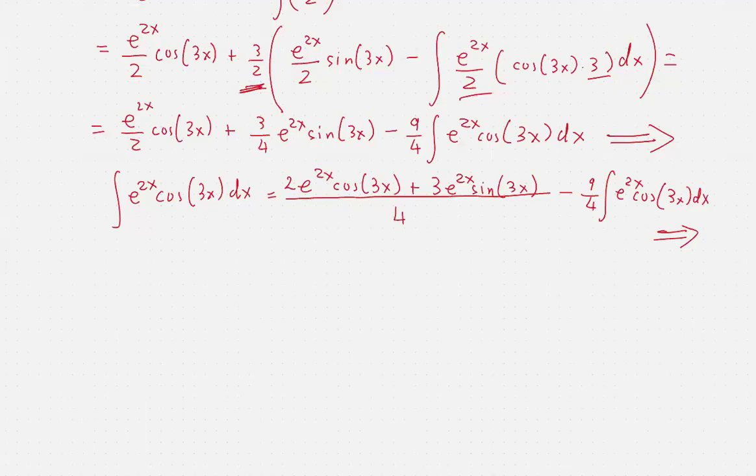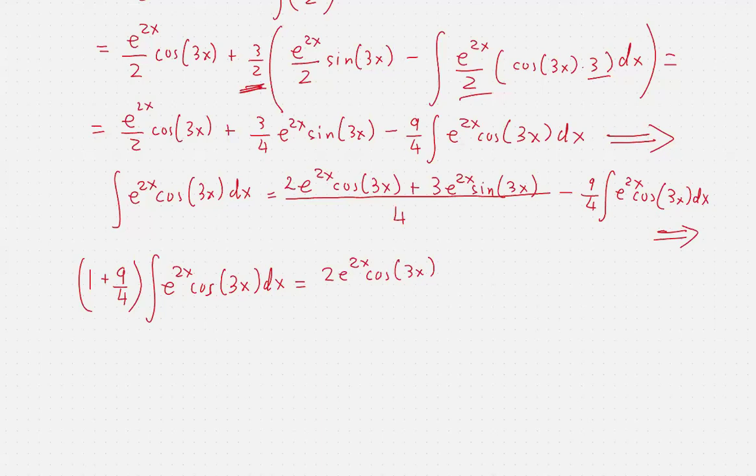So this will give us 1 plus 9 over 4 here of the original integral. I'm taking the original integral as a common factor. So I have 1 that I had here plus 9/4 that I added. That's why I get 1 plus 9/4 is equal to 2e to the 2x cosine of 3x plus 3 times e to the 2x sine of 3x over 4 plus c.